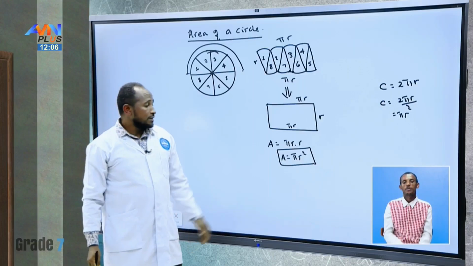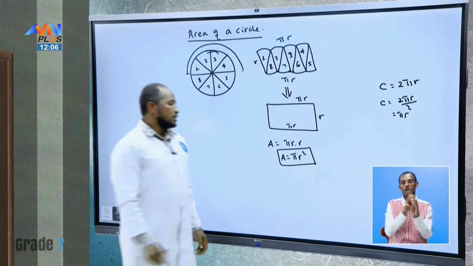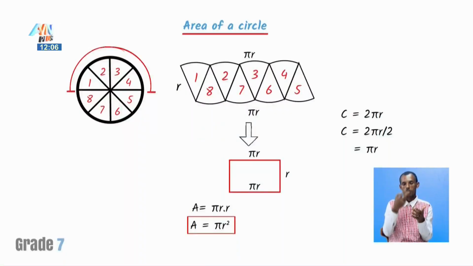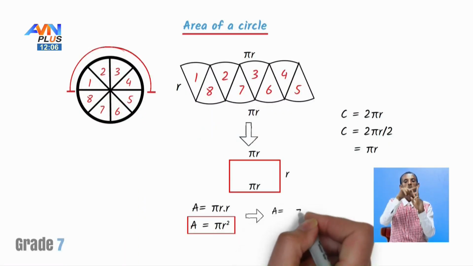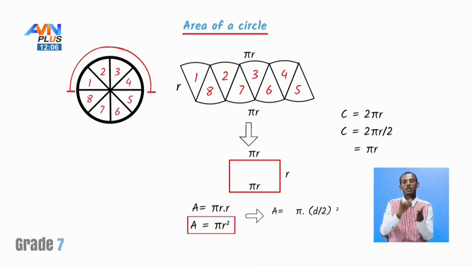Even we can rewrite this equation using the diameter. How? Look, this one. Area is equal to pi times, we know that radius is half of diameter, d over 2. So I can write this as d over 2, the whole squared.